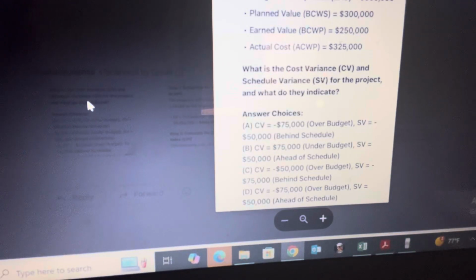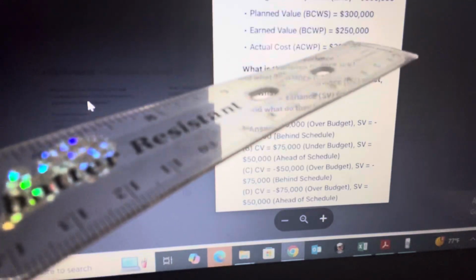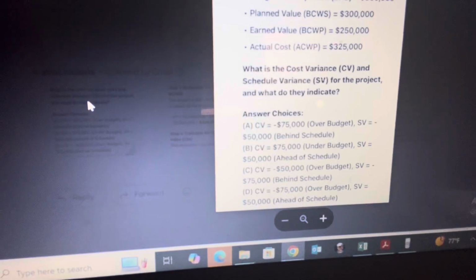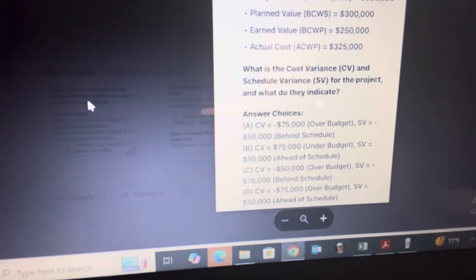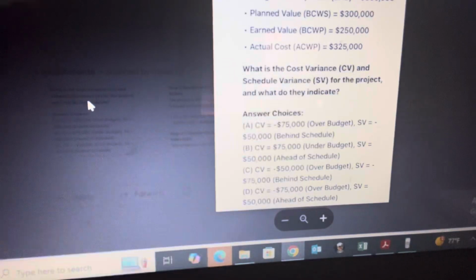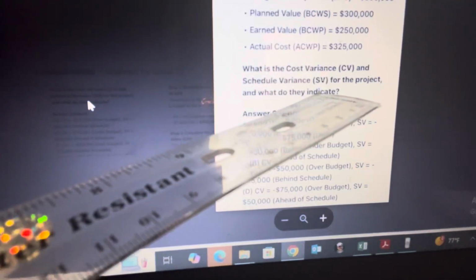So it's just simply 250,000 minus the planned value to give you the schedule variance. It will be negative $50,000. And the 250,000 minus 325,000 is also negative 75,000.